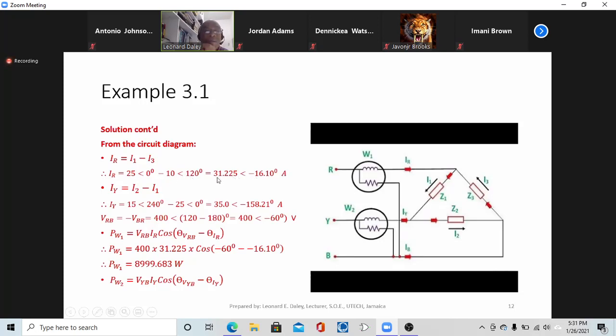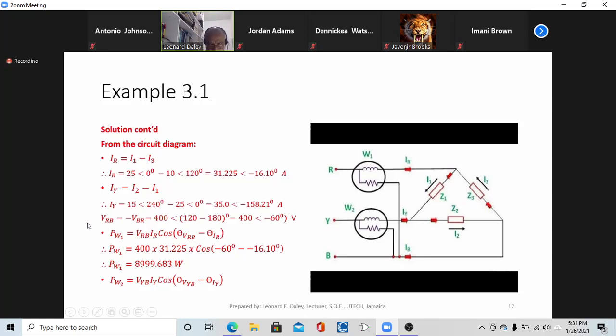So IR is equal to 31.225 at angle minus 16.1 degrees amps. And IY here would be equal to I2 minus I1. That works out to be 35 at angle minus 158.21 amps.